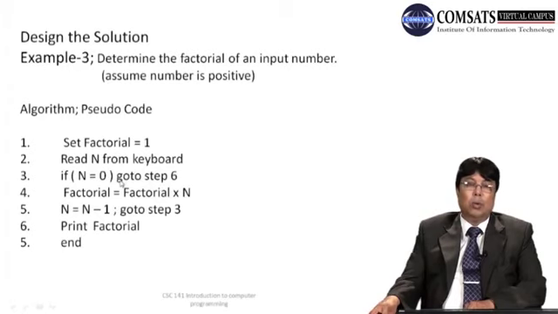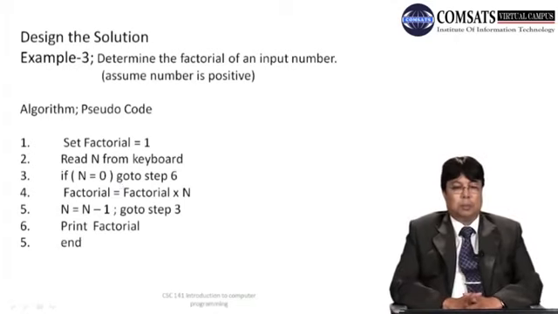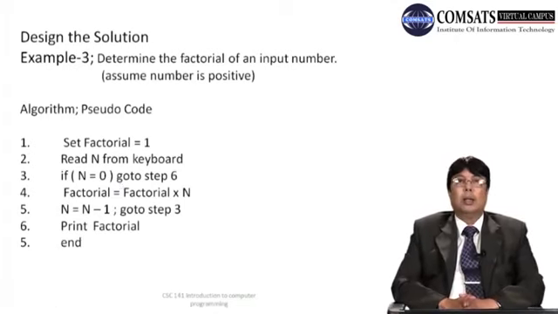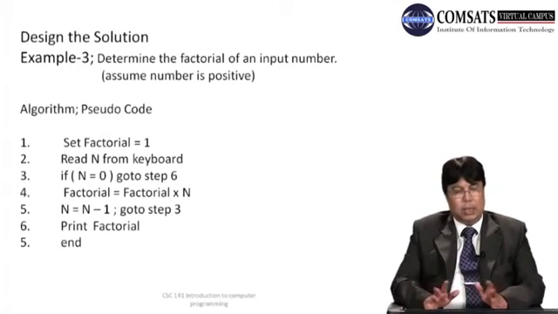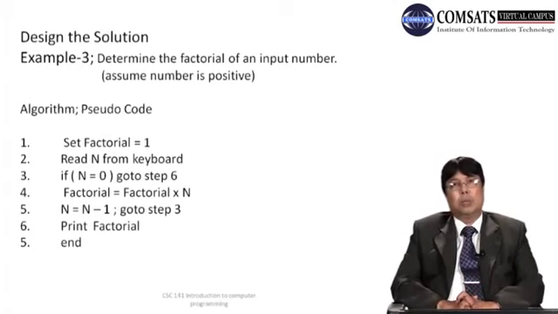And I will explain you why we should avoid this go to statement. But for developing the pseudocode, for developing the algorithm, this is perfectly alright using the go to statement, because it is very simple and easy word that communicates the meaning.